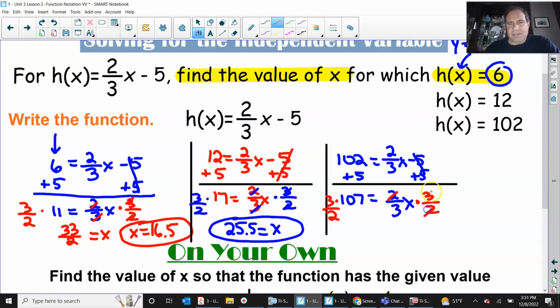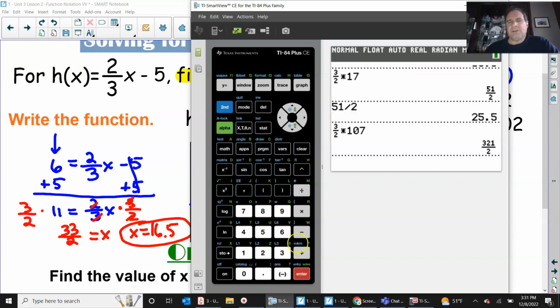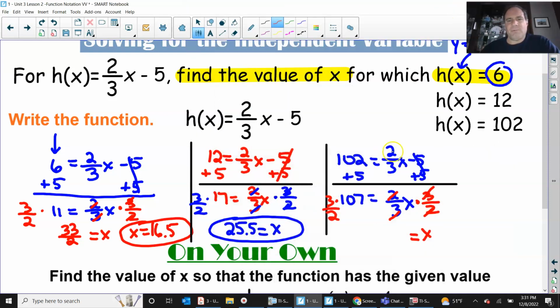This cancels, this cancels. X comes down, equals 3 over 2 times 107. That's way above what I want to do in my head, so 3 over 2 times 107 equals 321 divided by 2, which is 160.5.